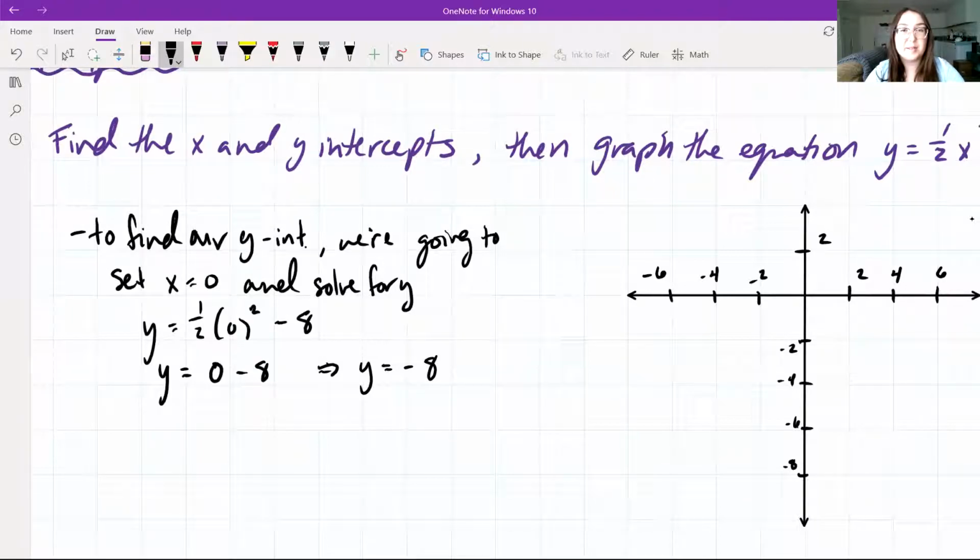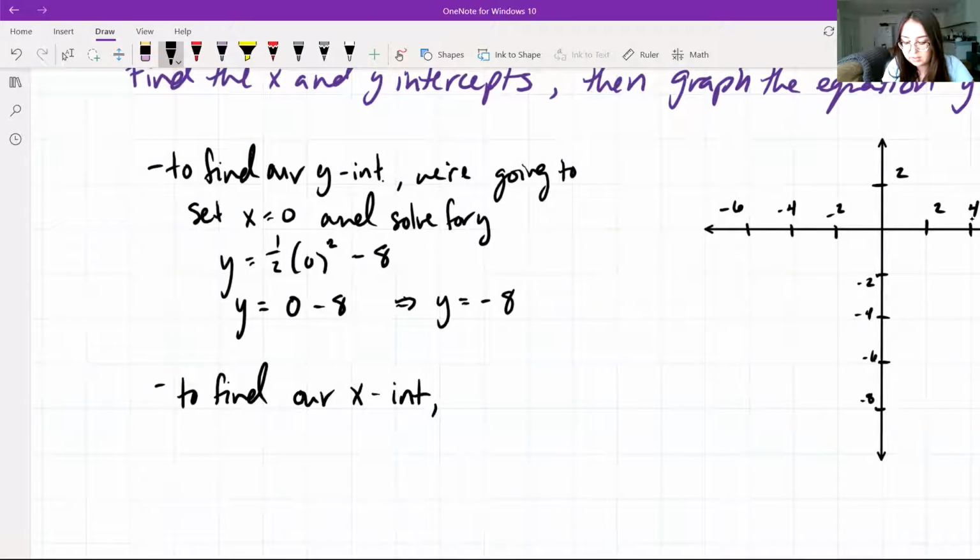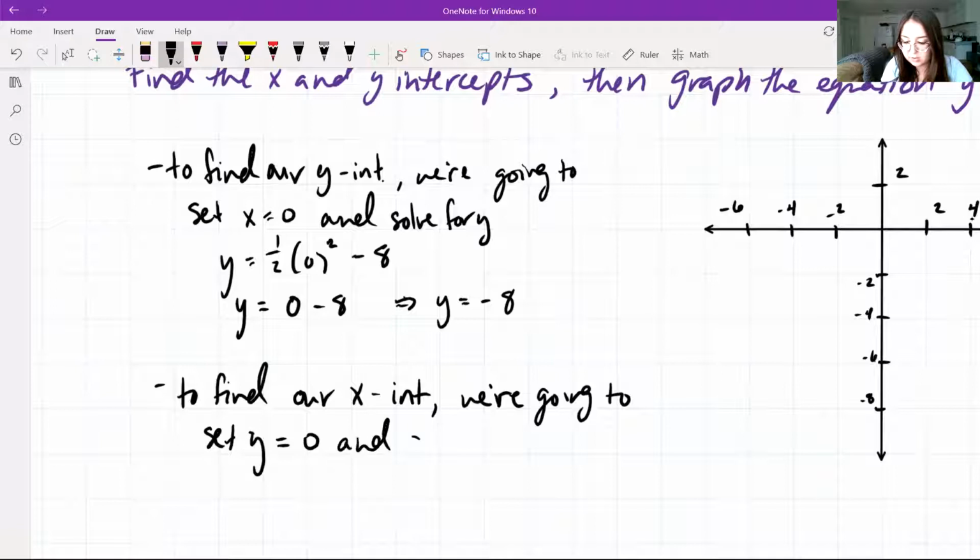So that's our y-intercept. Now we want to find our x-intercept. So to find our x-intercept, we're going to set y equal to 0 and solve for x.